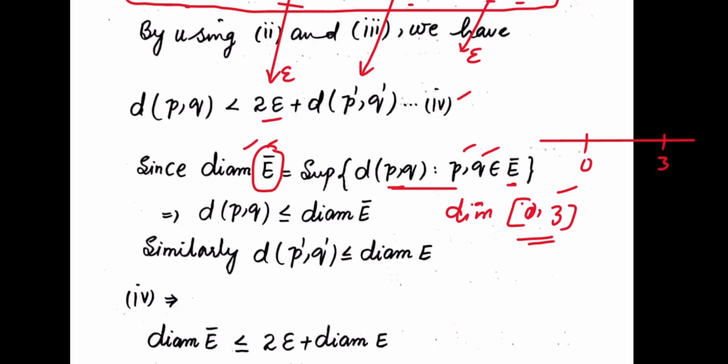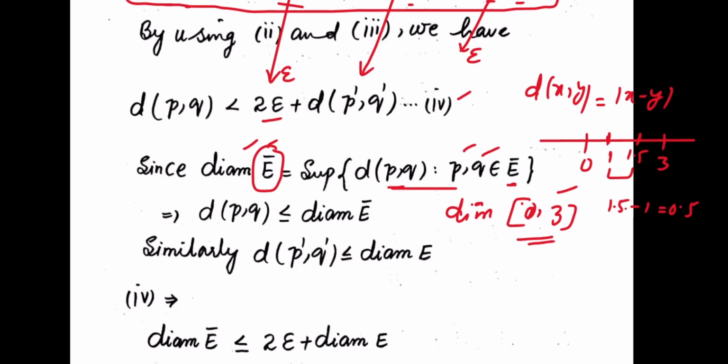So we can choose any two fixed points from this interval, and we can find their distance. Suppose this is 0.1 and this is 1.5. Now what is the distance between these 2 points? The distance is given by the usual metric, that is given by absolute value of x minus y.